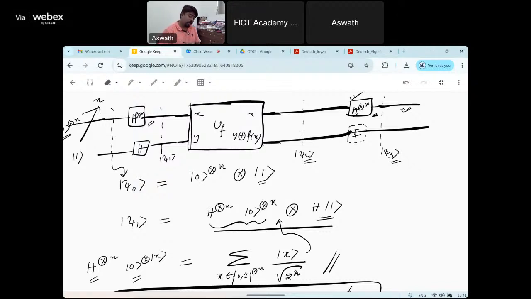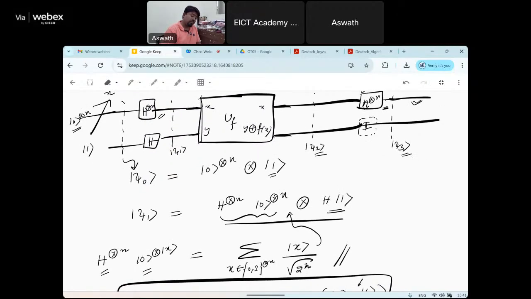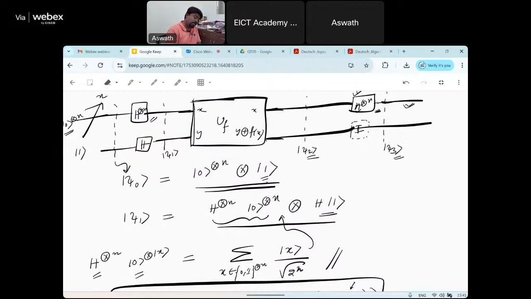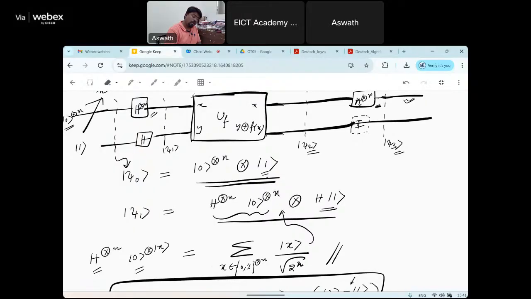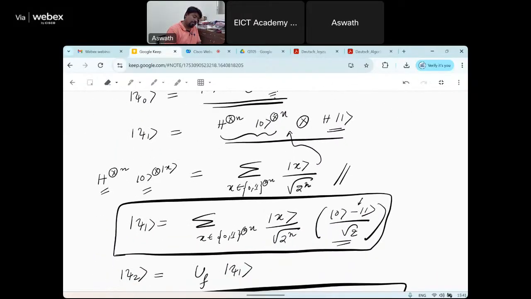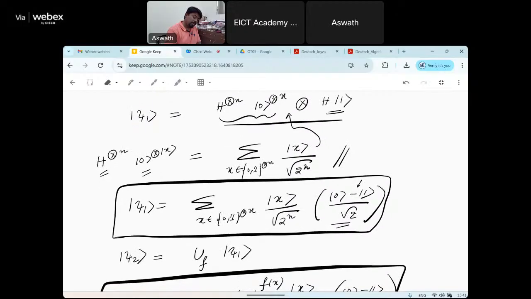Remember that. Now as per the circuit, psi0 is 0 tensor n, tensor product with 1, with n Hadamards acting on the query and 1 Hadamard acting on the ancilla register. As per the action we can get what psi1 would look like.